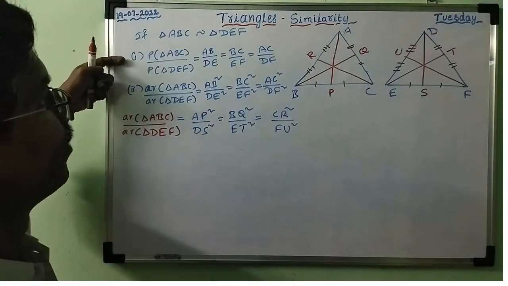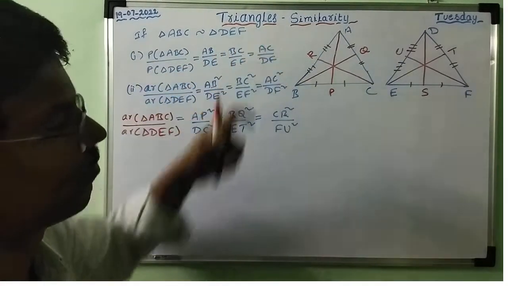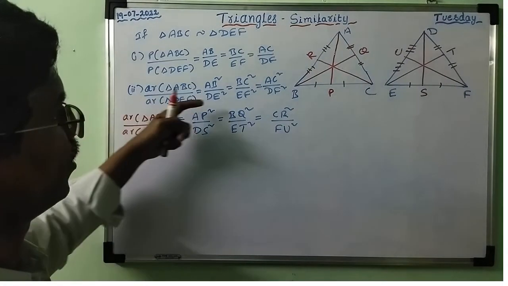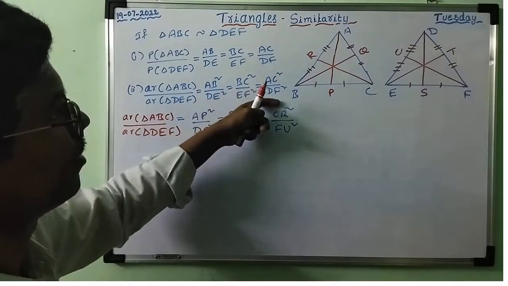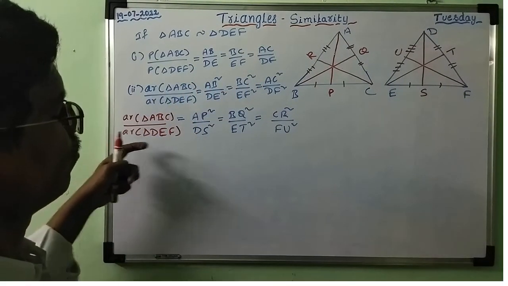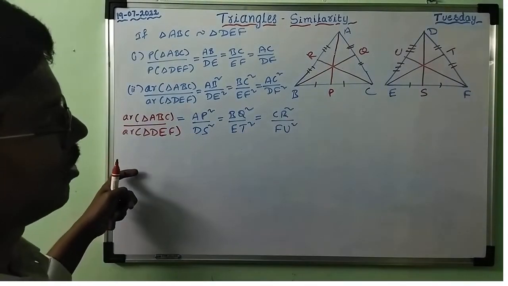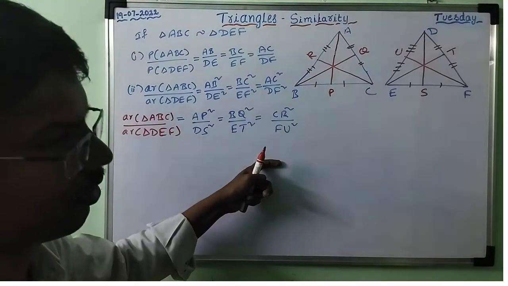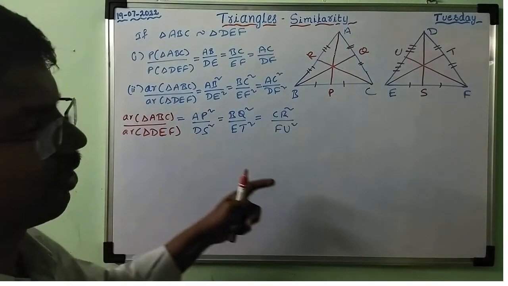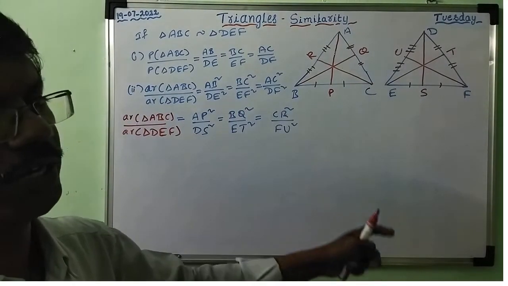So all of you remember these points. First one is the perimeters ratio equal to the ratio of corresponding sides, and the areas ratio equal to the ratio of squares of corresponding sides, the areas ratio equal to the ratio of squares of corresponding medians, the areas ratio equal to the ratio of squares of corresponding altitudes, and the areas ratio equal to the ratio of squares of corresponding angular bisectors.